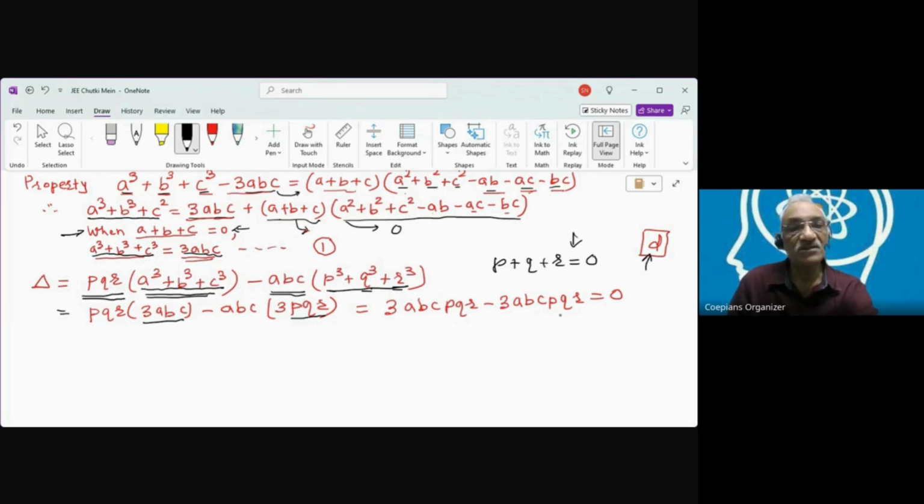Now take a pause and you will be able to find the Chutki wala solution. So let's look at the Chutki wala solution.